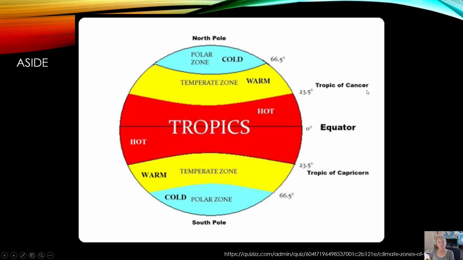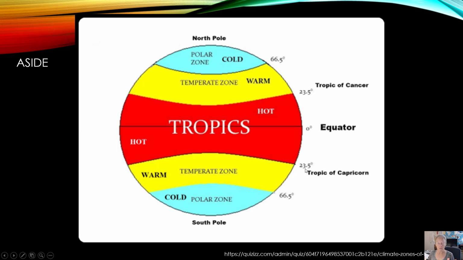Now, the reason I'm telling you about these is because we sometimes talk about the polar zones, which will be the zones above and below 66.5 degrees, above and below the Arctic and Antarctic Circle. The temperate zones, which are between the tropic zones and the Arctic circles. They're kind of temperate. They're kind of warm, not too hot, not too cold, right? And the tropics are between 23.5 degrees north and 23.5 degrees south.